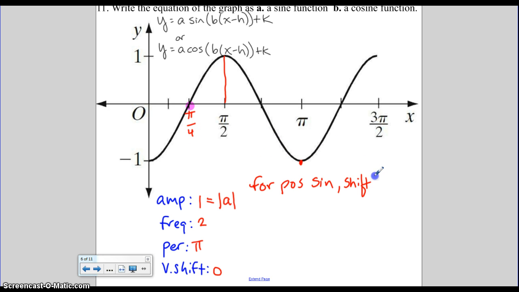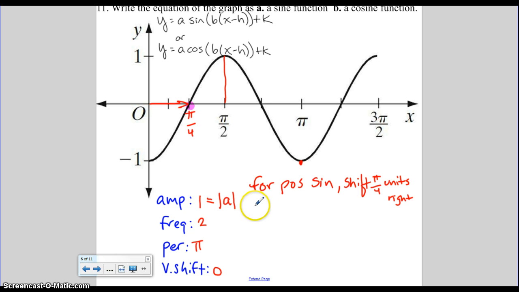Okay, so it's going to be shifted pi over 4 units. It's shifted to the right from where it should be. Okay, normal sine. So it's shifted pi over 4 to the right from where normal sine is. So I need to take that into account.